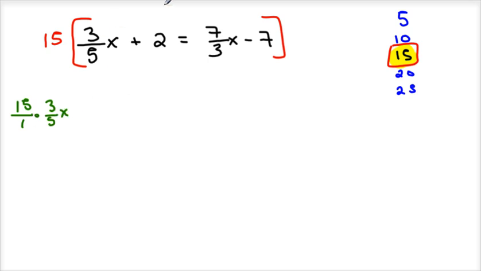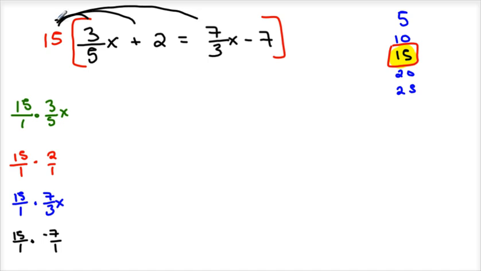I'm also going to do 15 over 1 times 2 over 1, which is my second term. Then 15 over 1 times 7 over 3x. And last but not least, 15 over 1 times negative 7 over 1. So I'm distributing the 15 to each one of these terms.